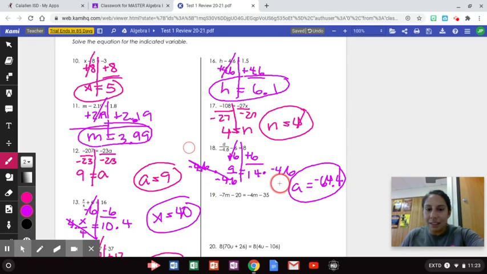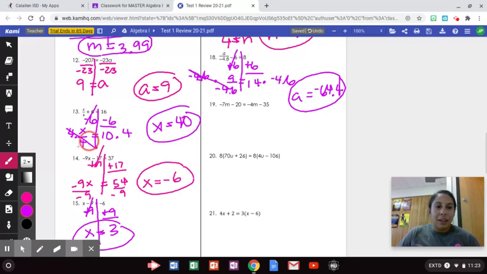Problem 19. Okay, for this problem, you'll notice that you have variables on both sides of the equal. I have m over here and I have m over here. Typically, I like to find the smaller m first. So negative 7m is smaller, so the opposite would be to add 7m, and that goes away. So I have negative 20 equals, well, I have to add 7m to the other side also.